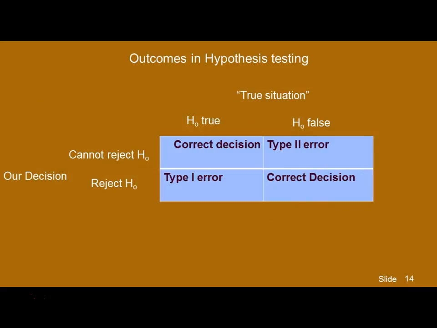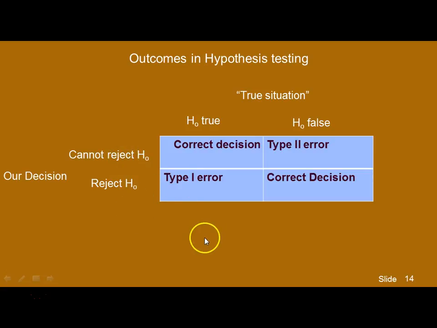Here is a little table that again explains everything that can happen in a hypothesis test. Across the top, I have what I'll call the true situation. The null is either true or the null is false, in reality, unbeknownst to us. On the left-hand side, we have our decision. We're either going to reject the null or we cannot reject the null.